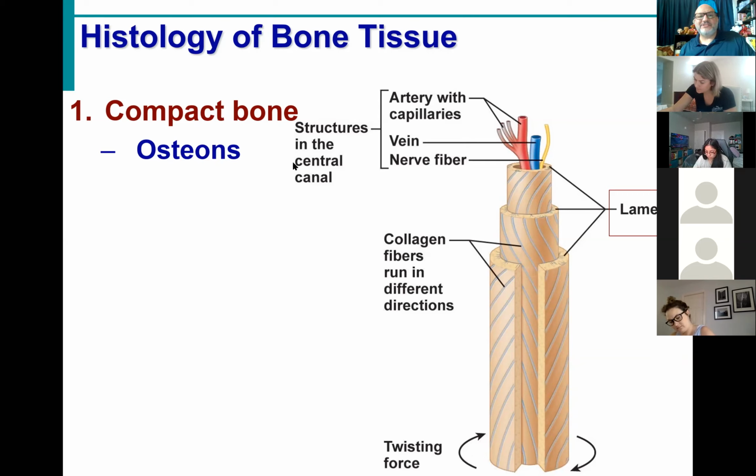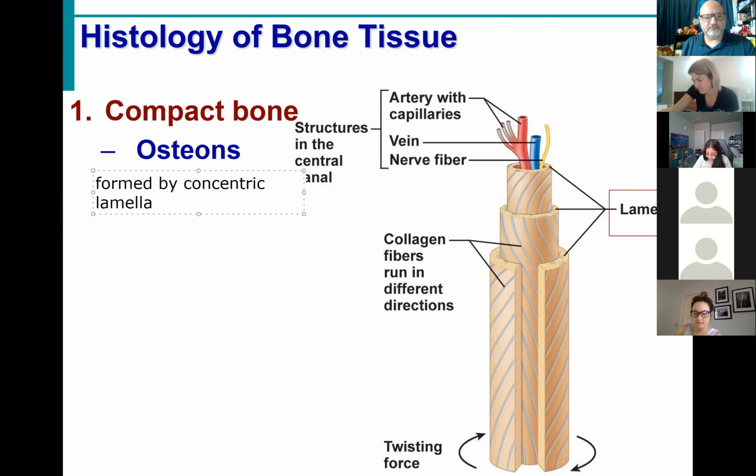Now, these particular lamellae basically form concentric circles around the blood vessels and the nerves that pass through the central canal, and that is actually what forms them. So our osteons are formed by concentric lamellae.